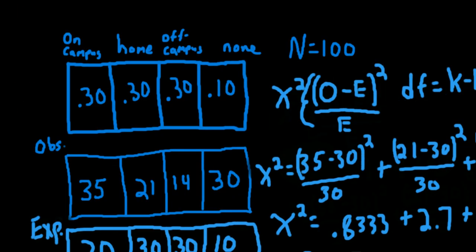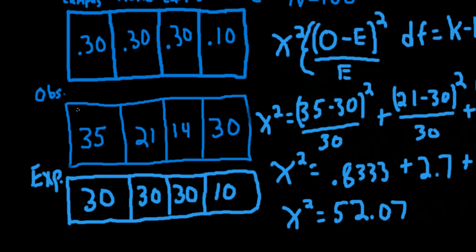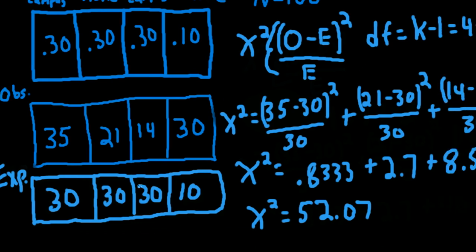And here the null hypothesis would be that the expected proportions or frequencies are equal to the observed proportions or frequencies. So we can be pretty confident in rejecting that from these data.